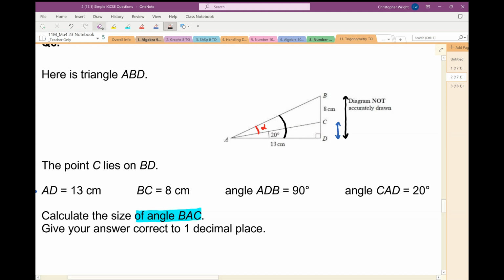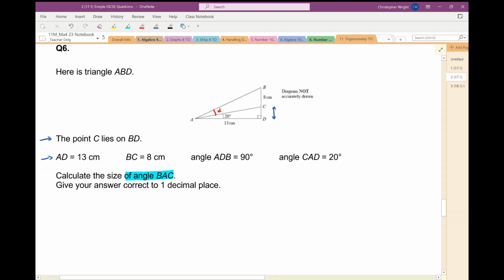Right, there's a plan. So let's start off by using the bottom triangle to find the length CD. Okay, so here's the bottom triangle. It's always helpful to draw the triangle that you're looking at, because it helps you concentrate on doing one thing at a time.